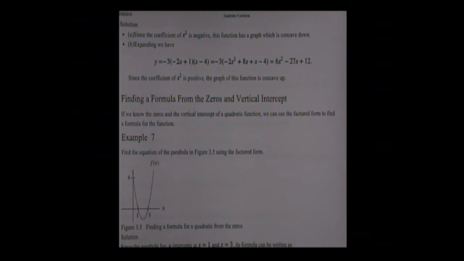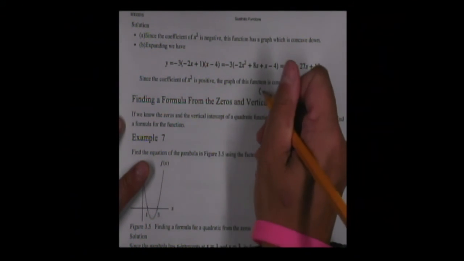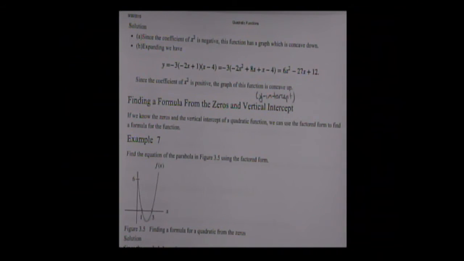What I want to just take a couple of minutes to talk about is finding a formula from the zeros and the vertical intercept, which remember is probably what you thought of more in your math background as the y-intercept.